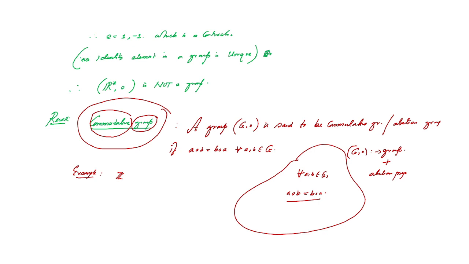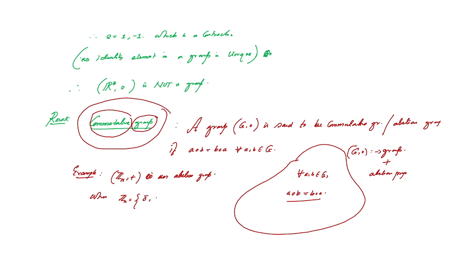So here one good example of a commutative group is, say, Zn plus. This is an example of an abelian or commutative group. Okay. While what is Zn? Zn is basically the elements which are the remainder when an integer is divided by n.